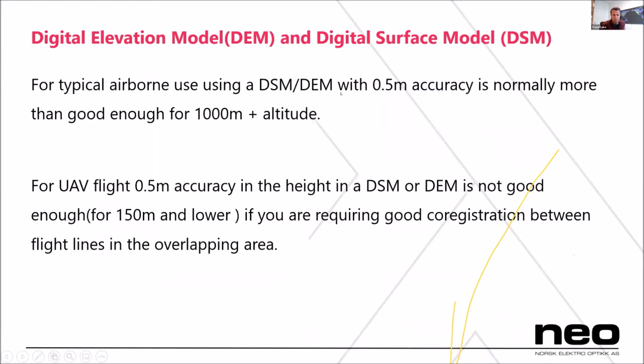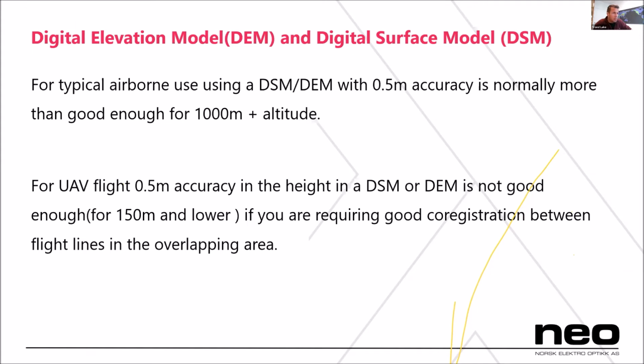Yeah, so let's go to the elevation model. For airborne, at least when I was doing airborne the first time in 2003, if you had an elevation model with 0.5 meter accuracy, this was very good. Then you will get extremely good data, and that's true for 1,000 meters plus. You can get good accuracy with a 0.5 meter elevation model.